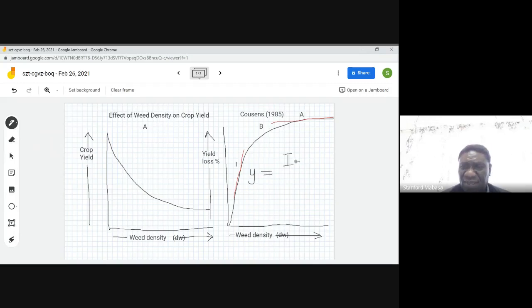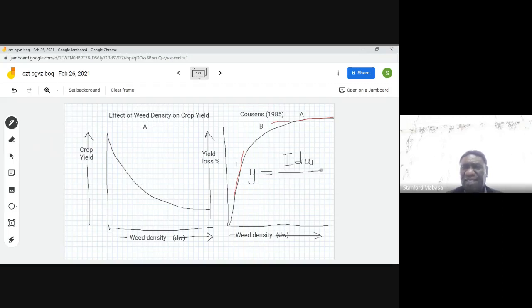So dW, so it will be slope multiplied by dW, which is density.